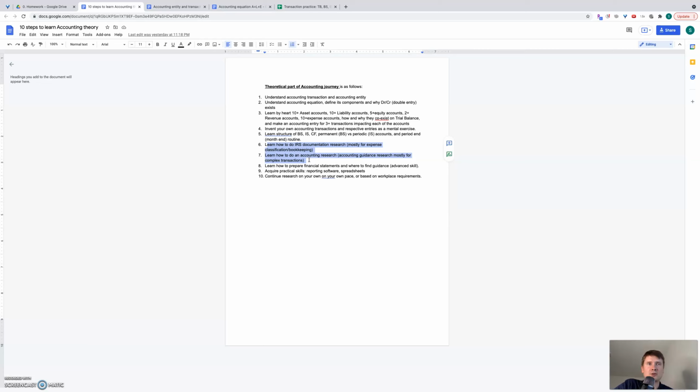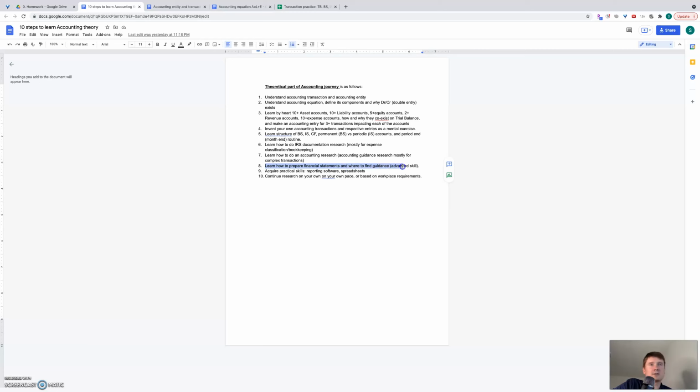You need to keep all those expenses in a separate account, and that's why you need to do some research on IRS publications. As for accounting publications and accounting standards, we will do that as well during the course, and that will basically help you to present some complex transactions appropriately in your financial statements and in your records.